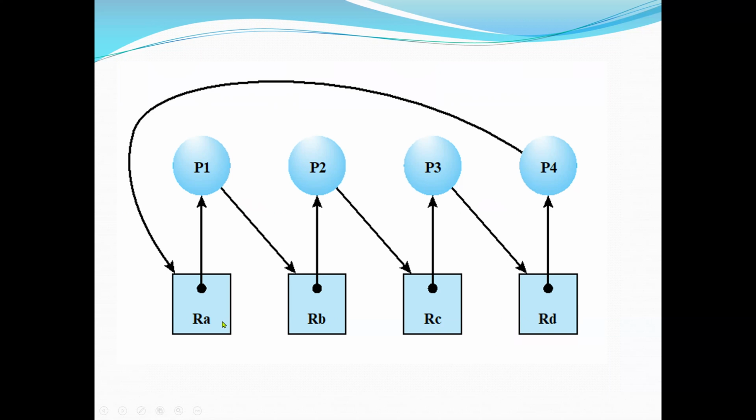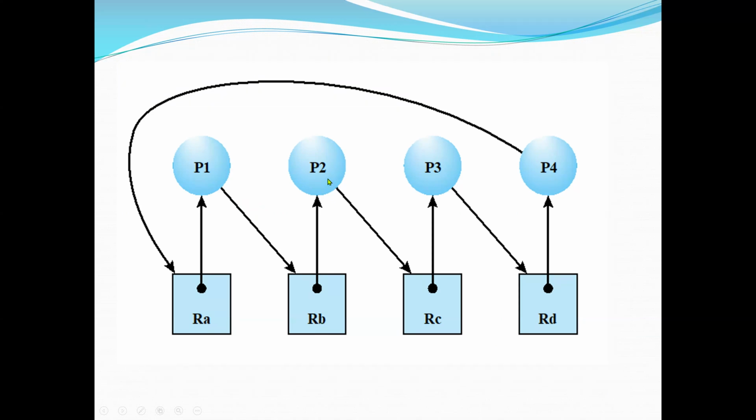So here we have reusable resource RA granted to P1, RB to P2, RC to P3, RD to P4. But P1 has RA and is requesting RB.